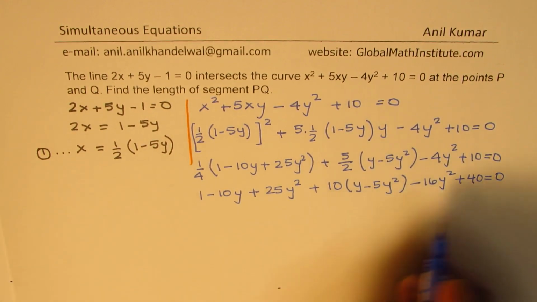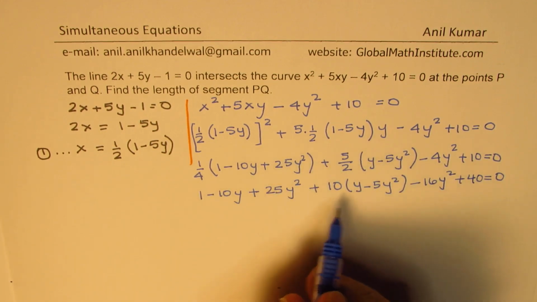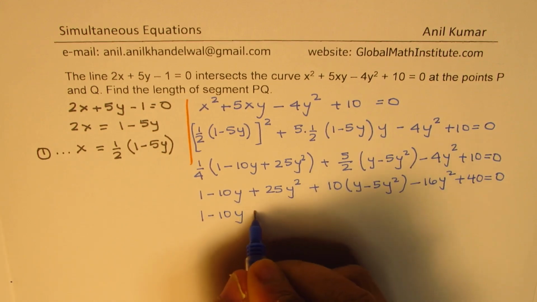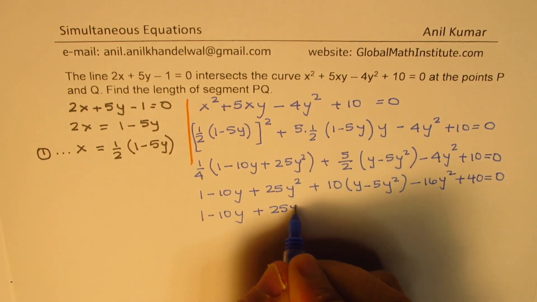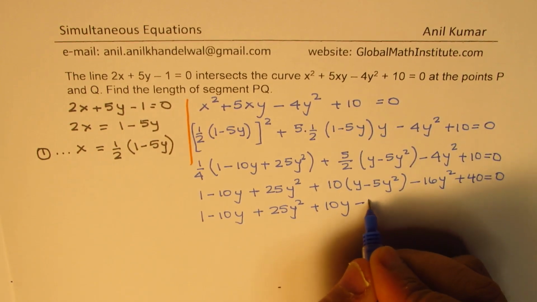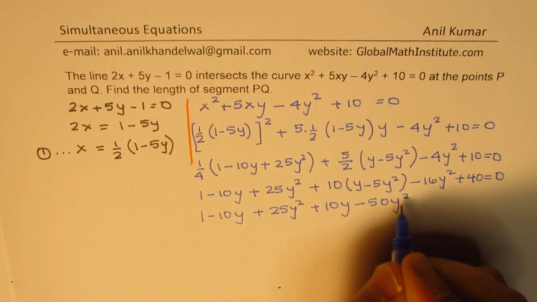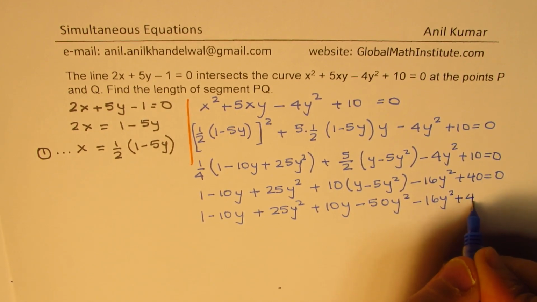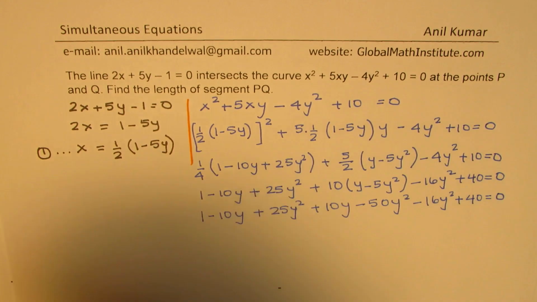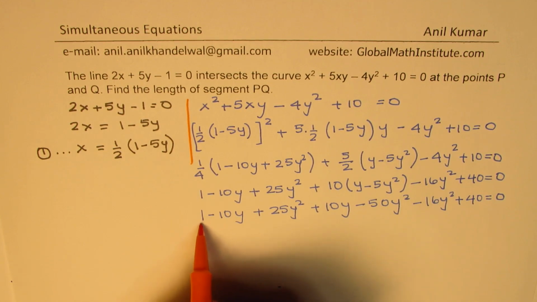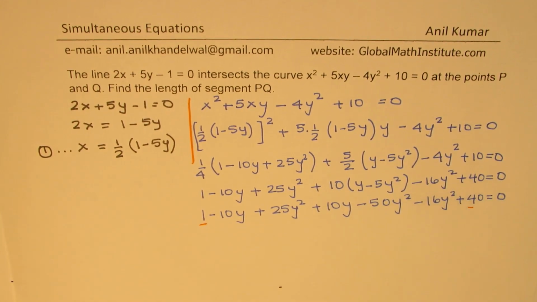So we can now open this up. So we have the numbers as 1 minus 10y plus 25y squared plus 10y minus 50y squared minus 16y squared plus 40 equals 0. So from here we can see that as far as the numbers are concerned, 1 and 40, you can combine them.